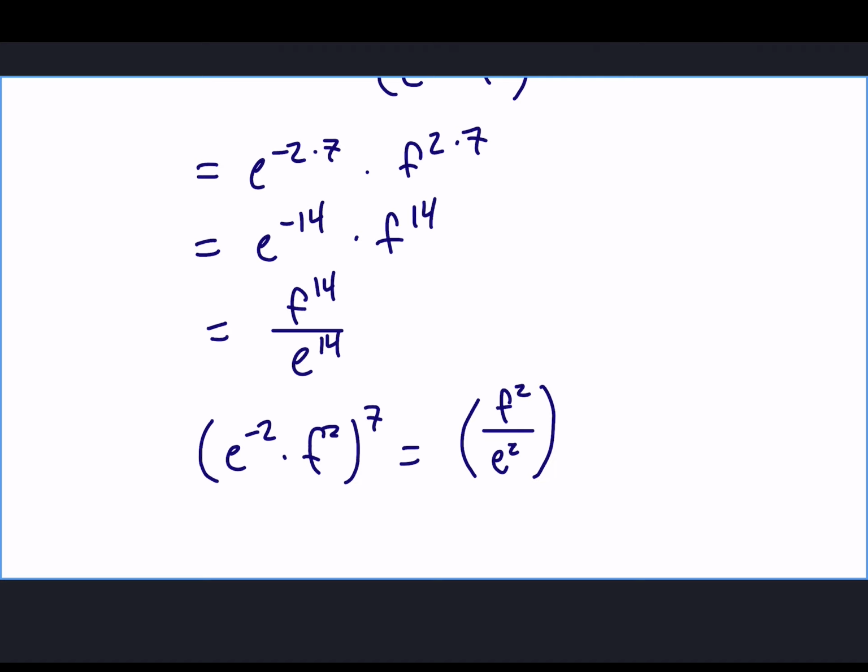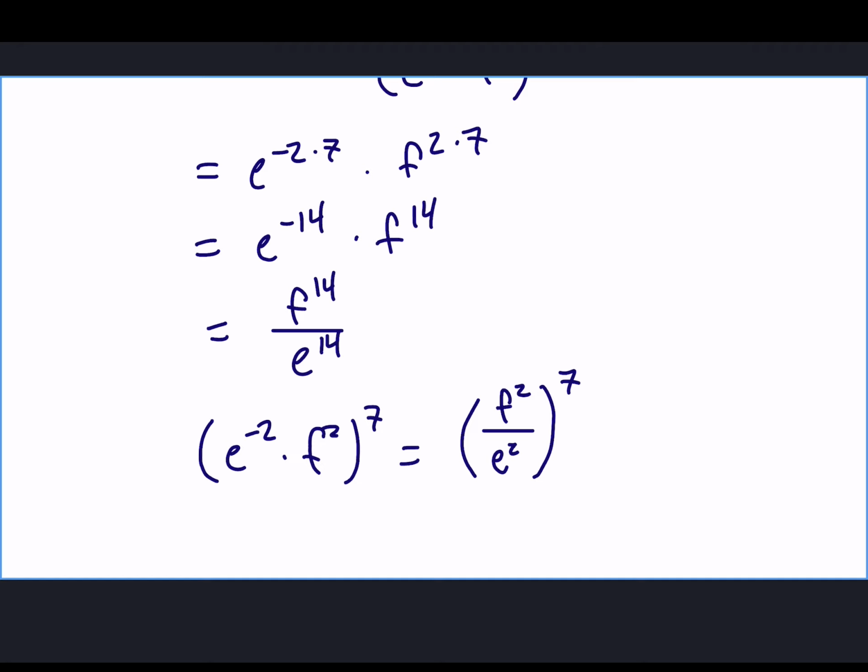Because those two things are the same, right? We're not doing the operation first. We're just changing it to a different view of what e to the negative 2 is, right? We're still going to go through the same process with power of a product. But we have f squared over e squared raised to the 7th power.